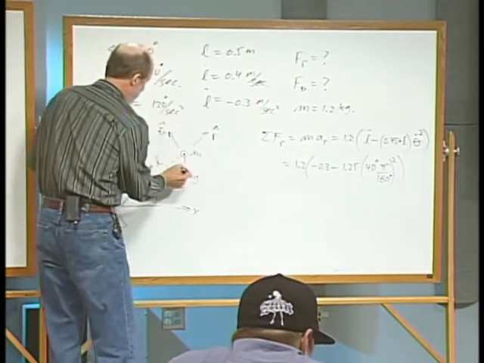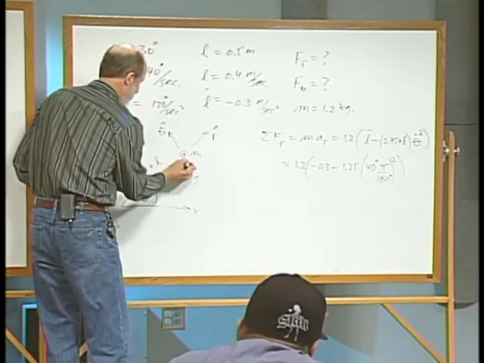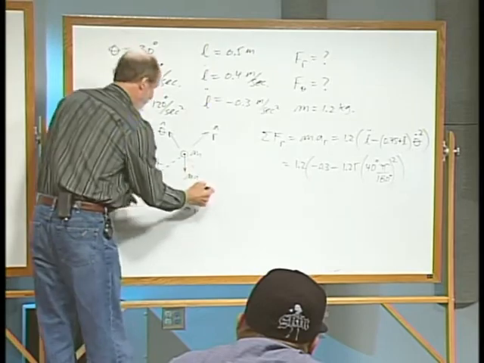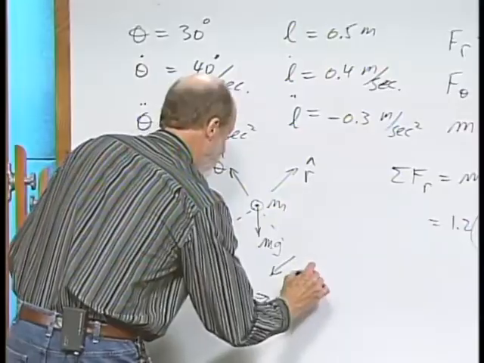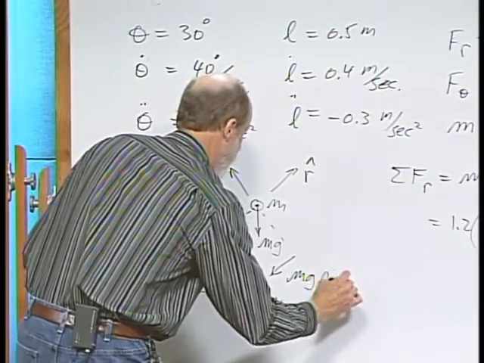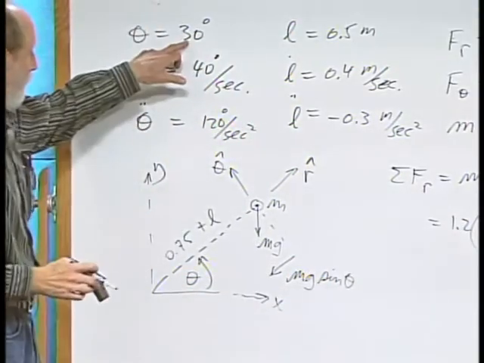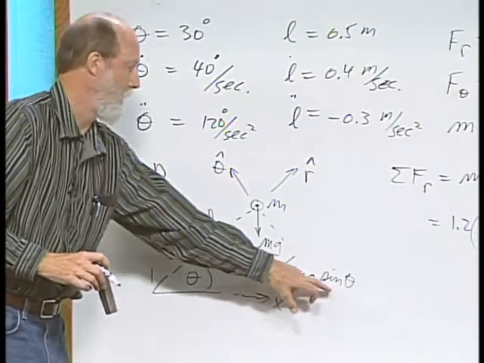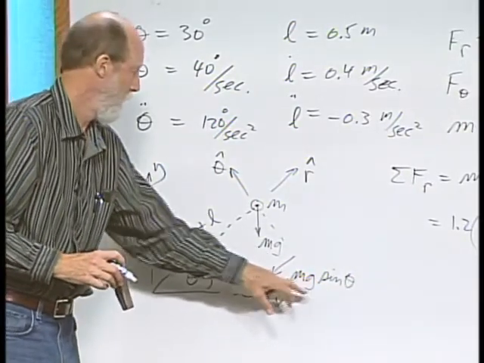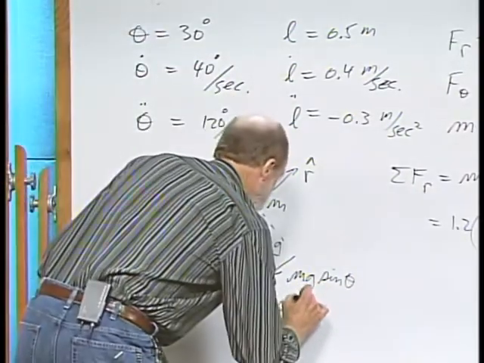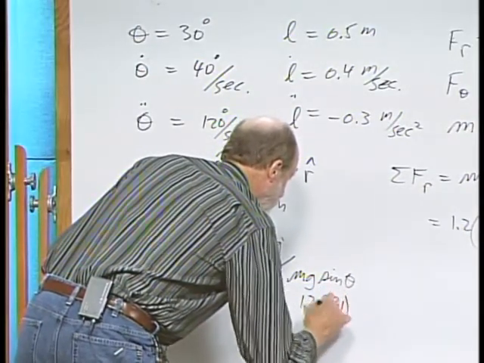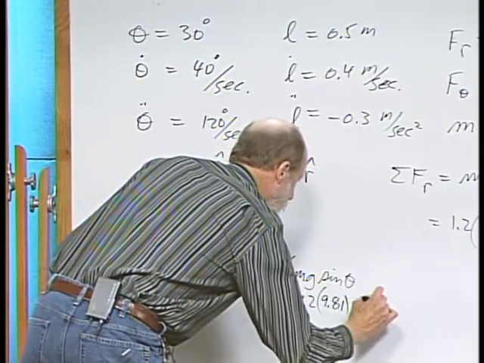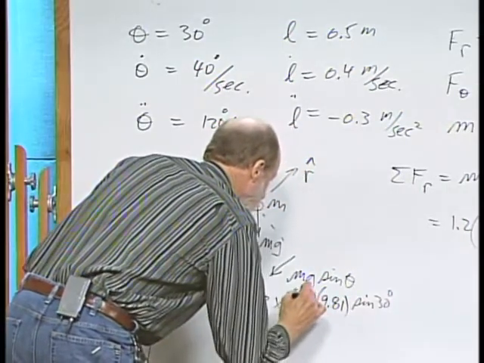And so we have a component of the weight that is in this direction. It happens to be mg sine of theta, which was 30 degrees, so it's going to be half the body weight. Half the weight, so that's going to be 1.2 times 9.81 times the sine of 30 degrees.